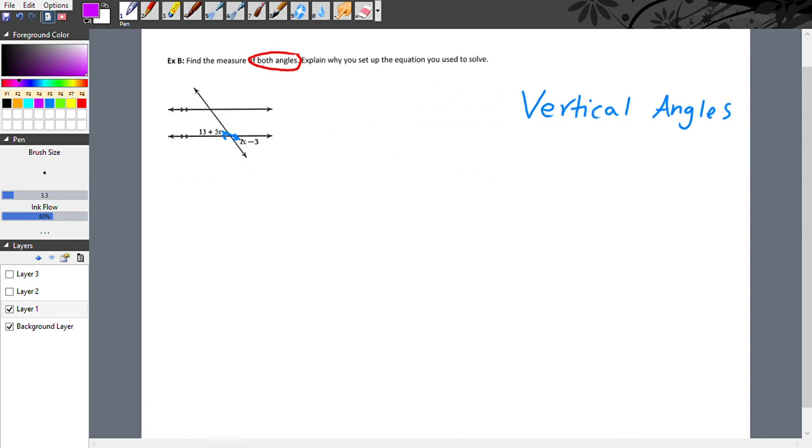Step 3 is to figure out what do vertical angles tell me? What does that mean? Well, we know that vertical angles are always congruent to one another. So what that means in terms of an equation is that we know that their values are equal.